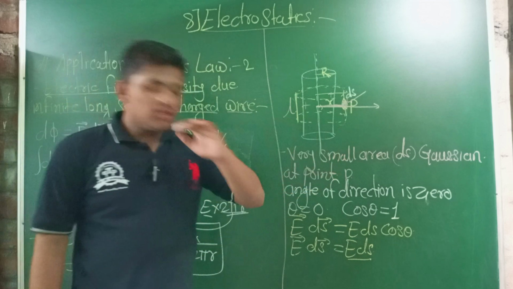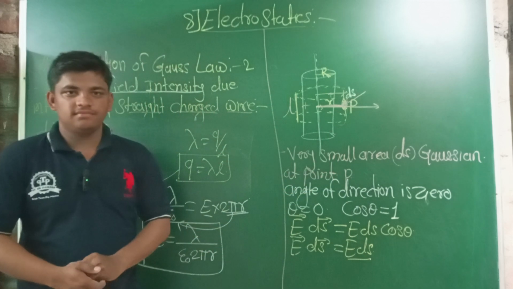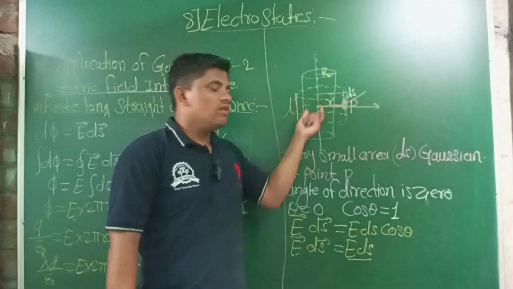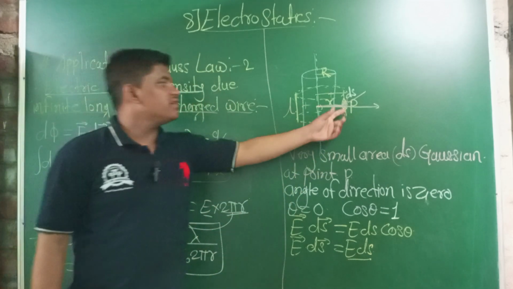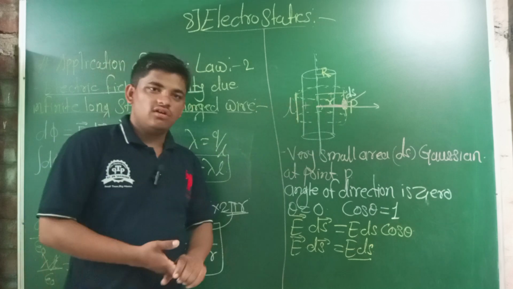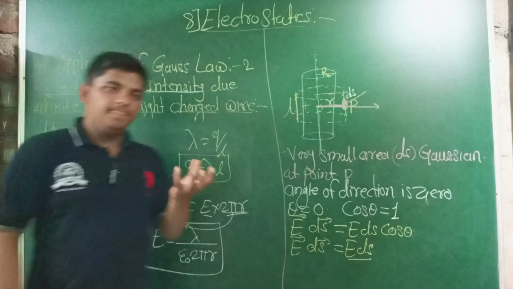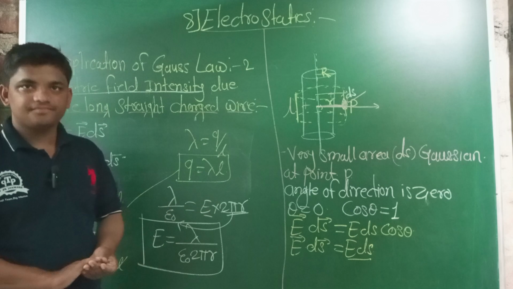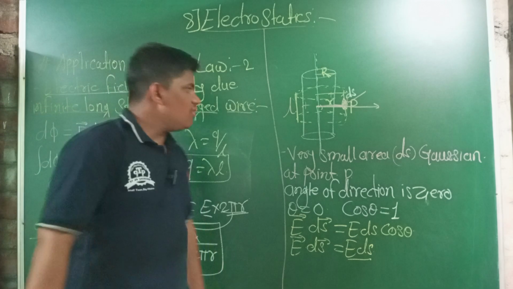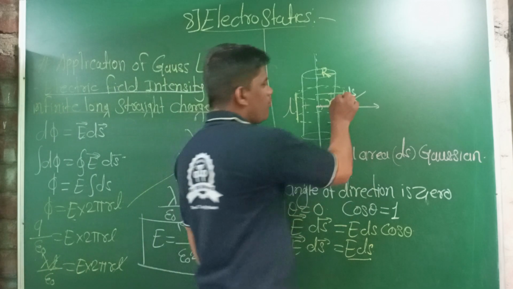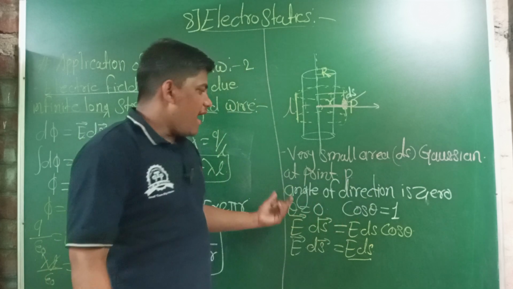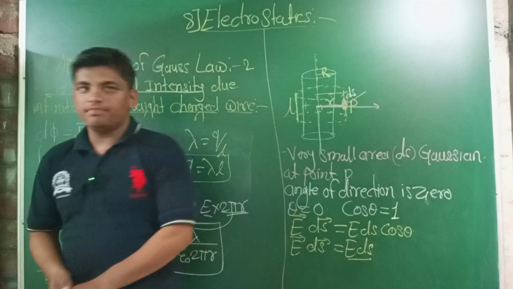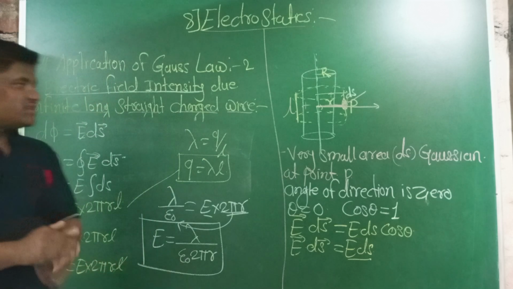P is a point outside the wire, at some radius, and it forms another circular hollow cylinder around the wire. Consider a very small area, a small Gaussian surface at point P, which is ds. The angle is 0.